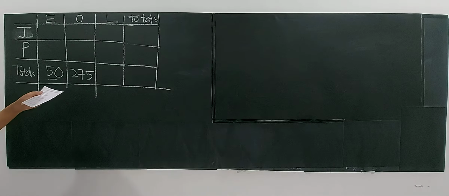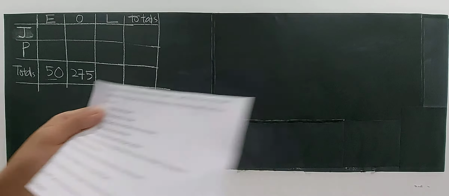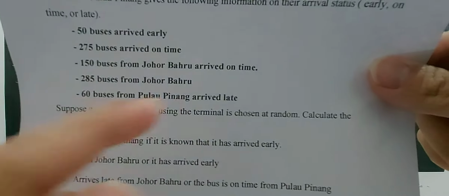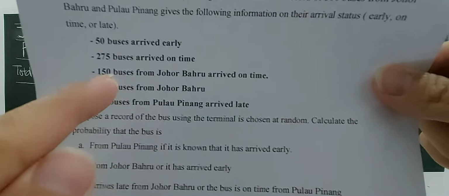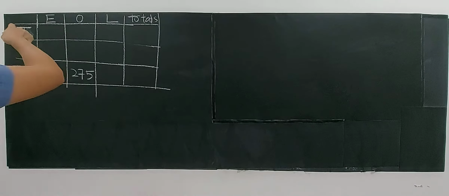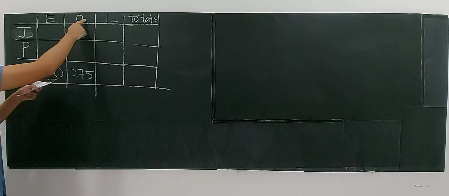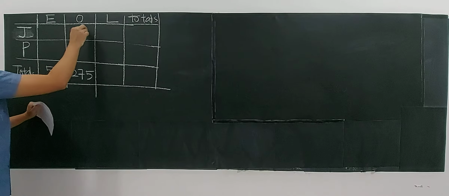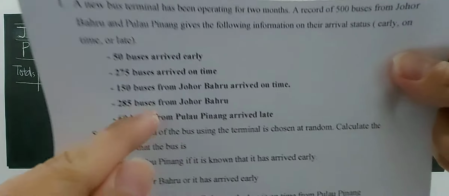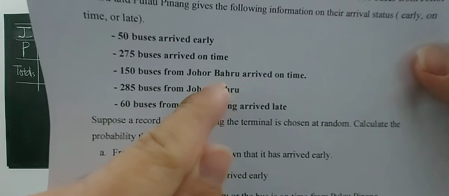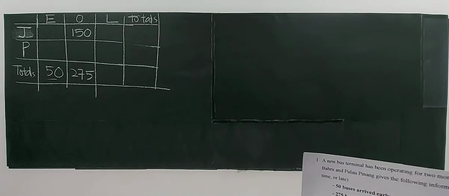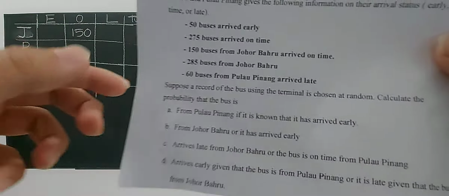And the information given is that 150 buses from Johor Bahru arrive on time. From the statement here, you can see that it's from Johor Bahru and on time, which is 150.